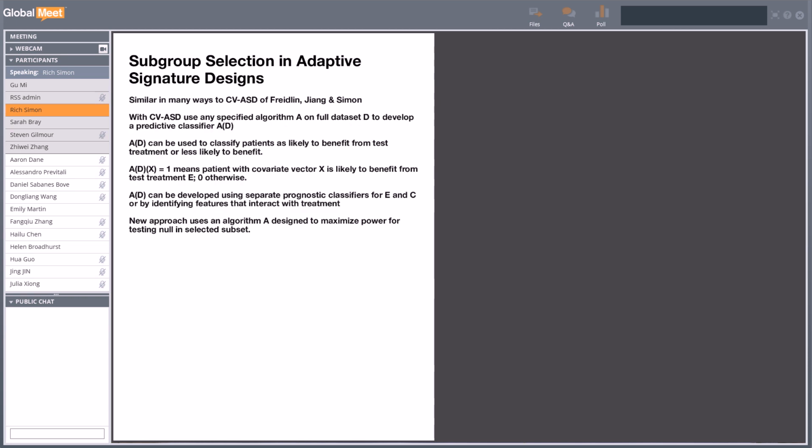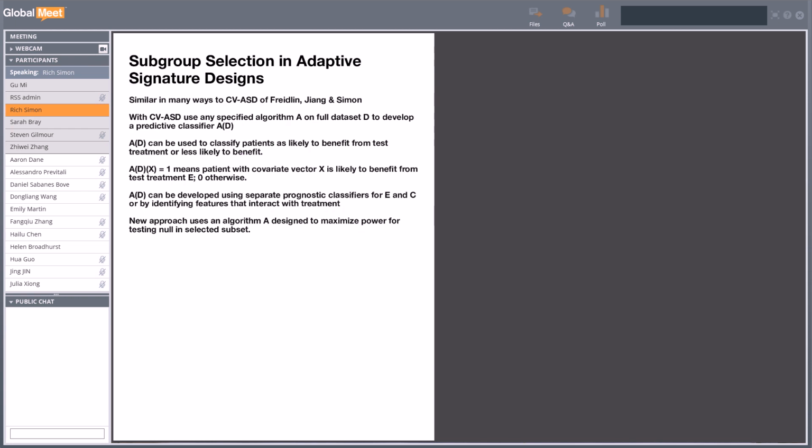Now, subgroup selection in the adaptive signature designs, the paper by Ziwei and his collaborators, is similar in many ways to the cross-validated adaptive signature design that we published in 2010, but there are some important enhancements to that design.